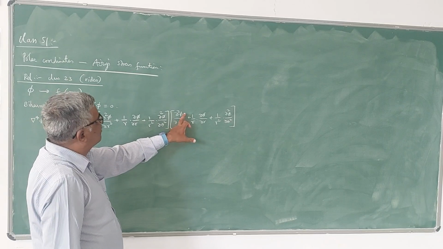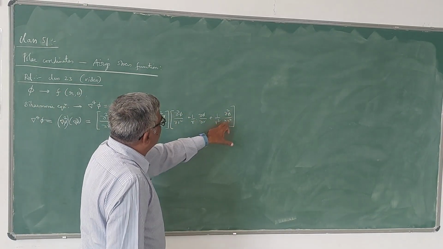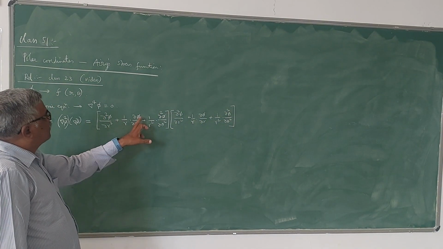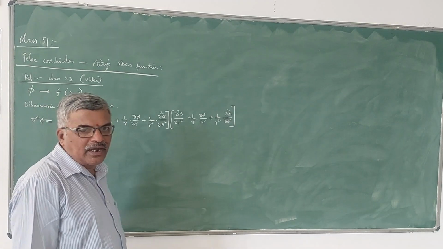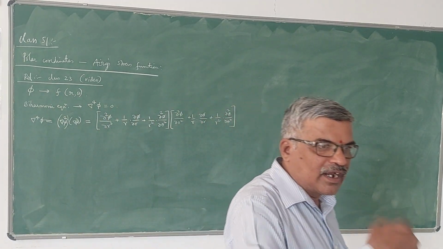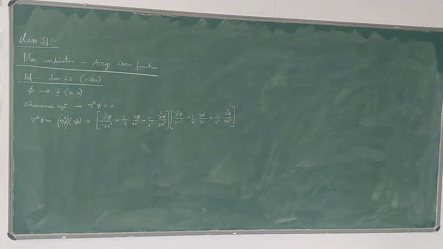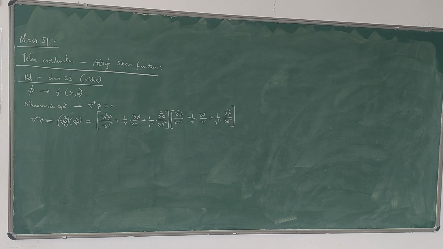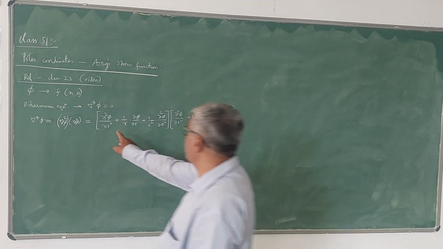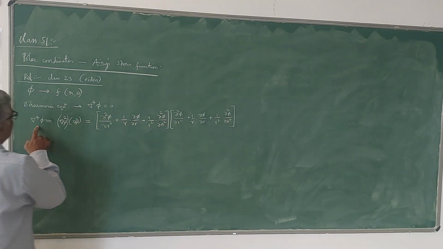Here also dou square phi by dou r square, dou square phi by dou theta square. Only here phi is there, r is there. So numerator power is 1 means denominator power is also 1. So these two are same. You can see that the terms are the same. This can be written like this.